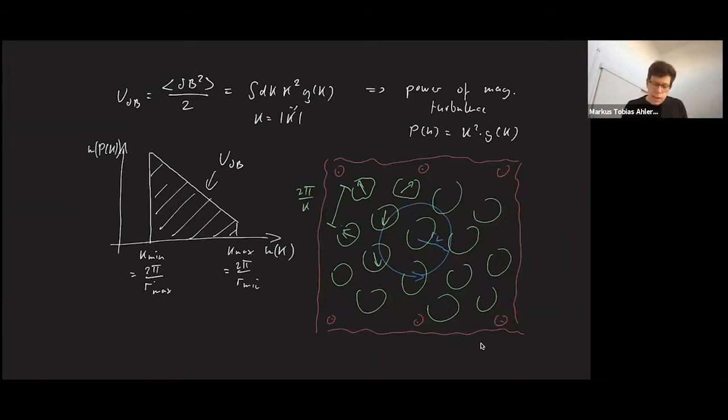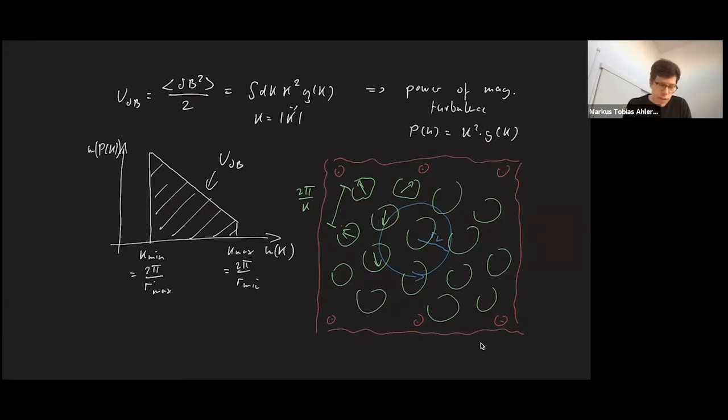Now you can see that if you have a particle with a Larmor radius of the order of the average correlation distance of these magnetic turbulences, it will receive quite a strong contribution from these turbulences along its path.